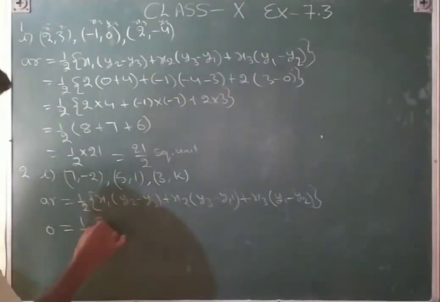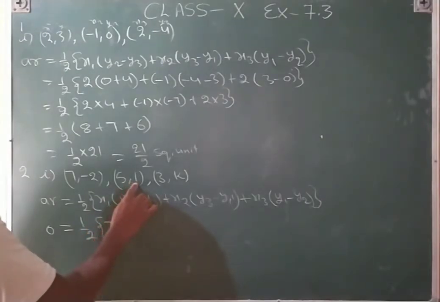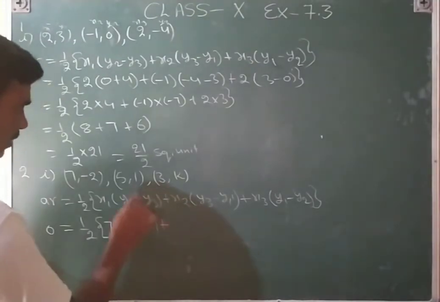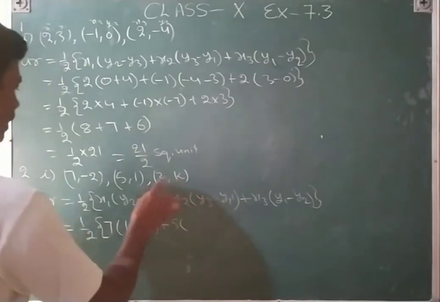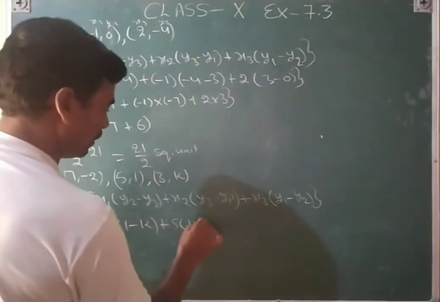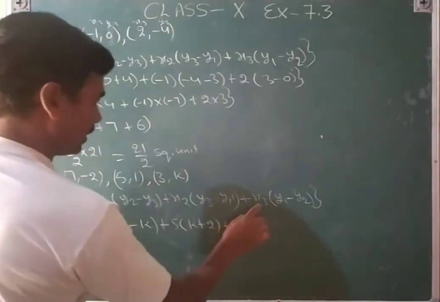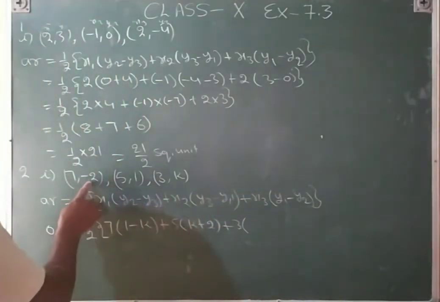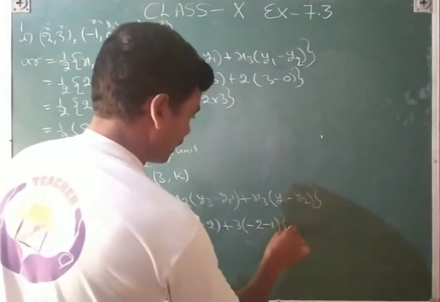So 1/2 with x1 is 7, y2 is 1 minus k, plus that is 5, and then 3 minus 1, so k plus 2, and then x3 is 3, and then 1 minus 2, that is minus 3.